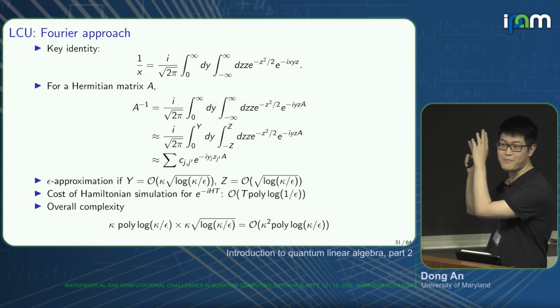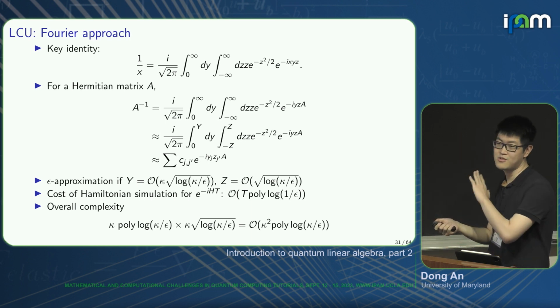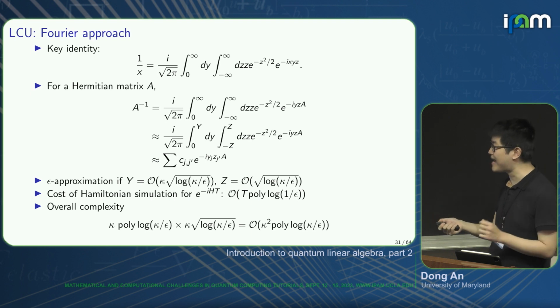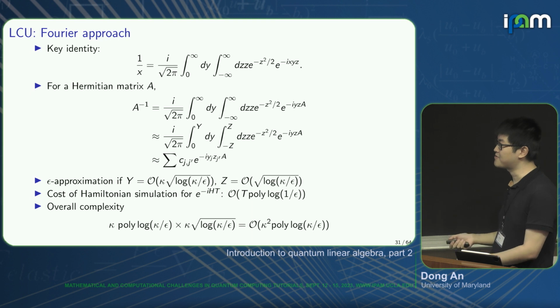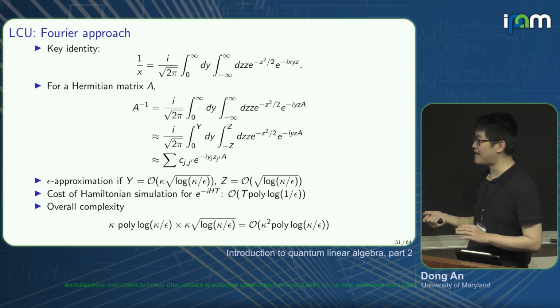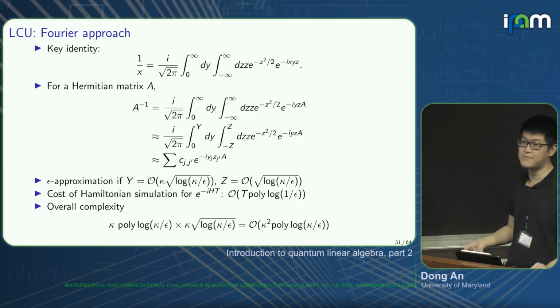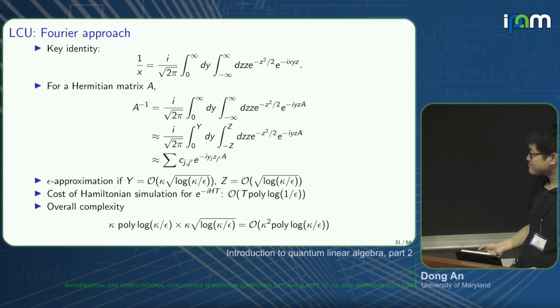If we want to really implement this numerically, we do some truncation, some numerical quadrature, some discretization. Then we get a formula in terms of a linear combination of unitaries. So this is the key formula. And then the quantum algorithm, I will not write down the circuit for that, but it is exactly the same as the general linear combination of unitaries circuit.